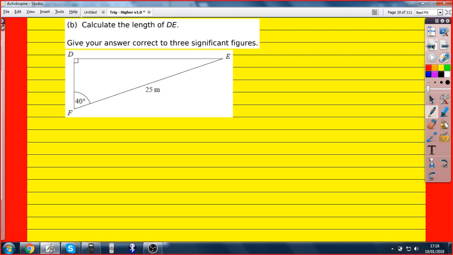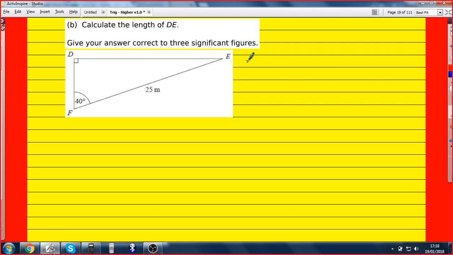Okay, so this is finding an unknown length. So exact same method. You have to find the length DE. How do you go about that? Well, hypotenuse is 25 meters.